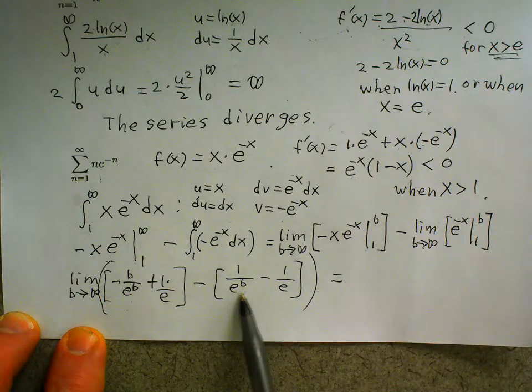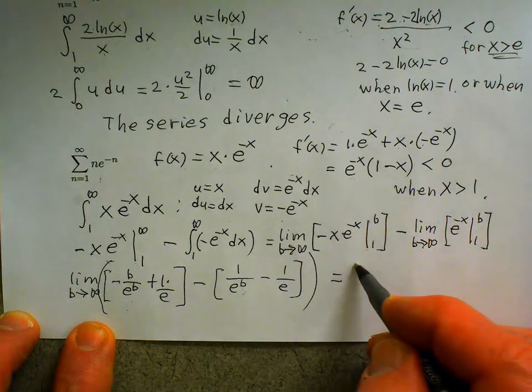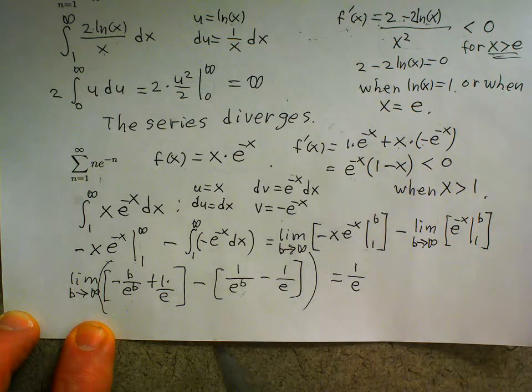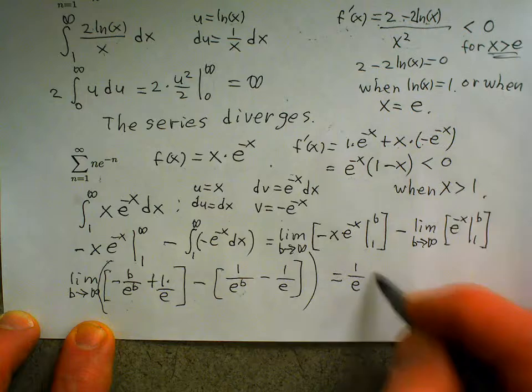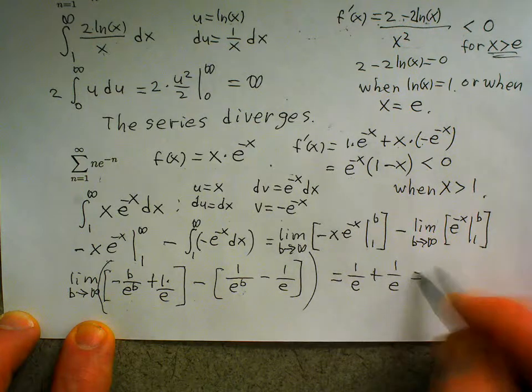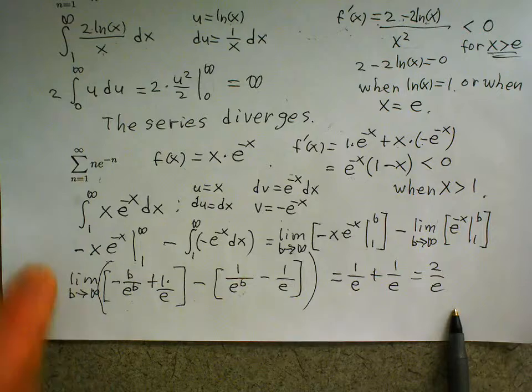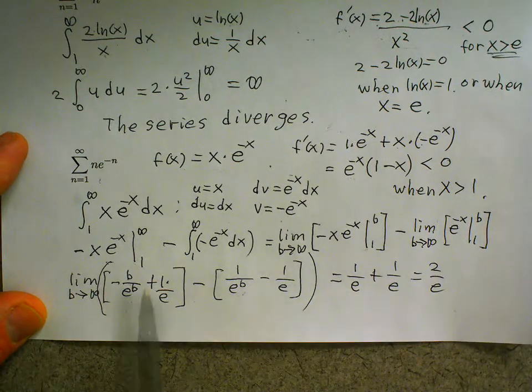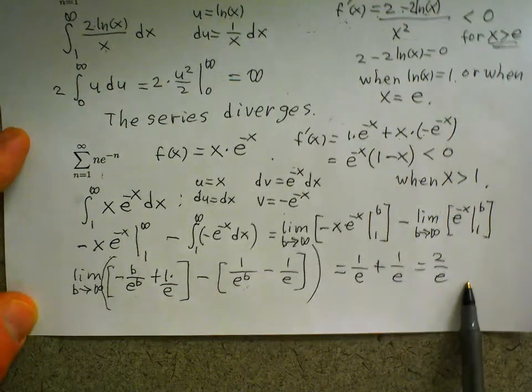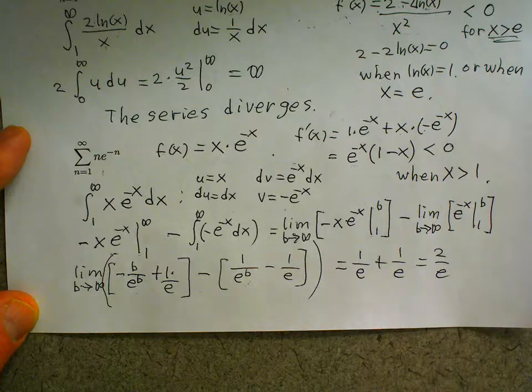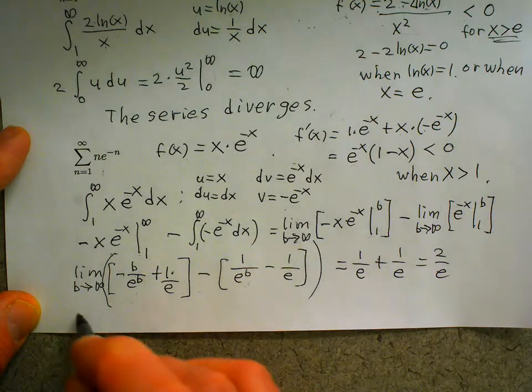This term will go to 0. So it looks like the surviving terms are 1 over e, and then minus negative, minus is plus 1 over e. So we get a finite number, 2 over e. So since the improper integral converges, we conclude that the series also converges.